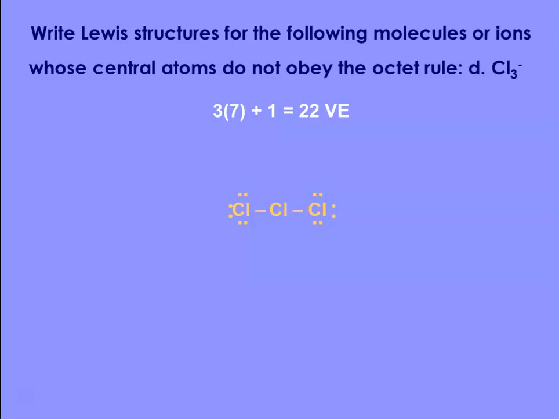The chlorine in the center needs at least 2 pairs, but we have 1 more left after that, and the chlorine in the center is able to take that on with its open d orbitals, so therefore it would be able to have a 3rd pair of lone electrons assigned to it. You do want to make sure that you at a minimum put next to any ions their charge, so that we indicate these are not neutral molecules, that these are indeed charged ions.